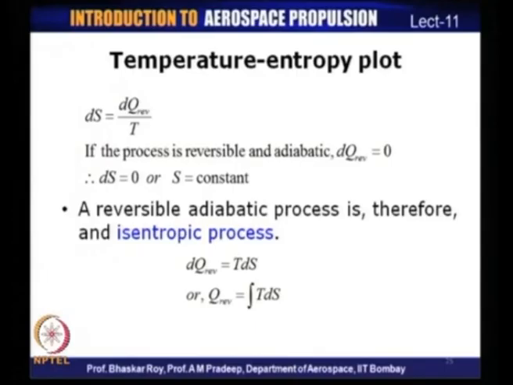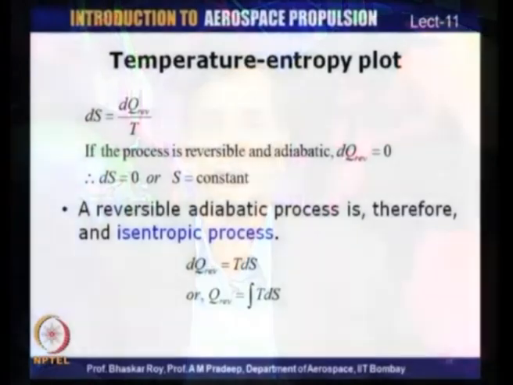Because we have seen that dS is dq reversible by T, and in addition to being reversible, if it was also adiabatic, then dq will be 0, which means that dS is 0 or entropy S will be a constant.